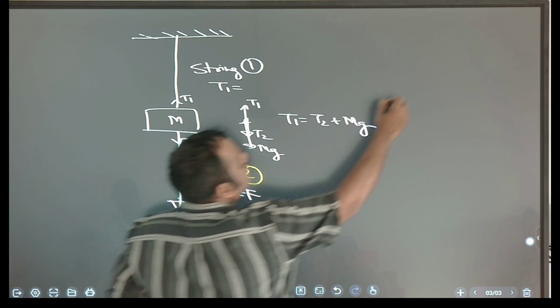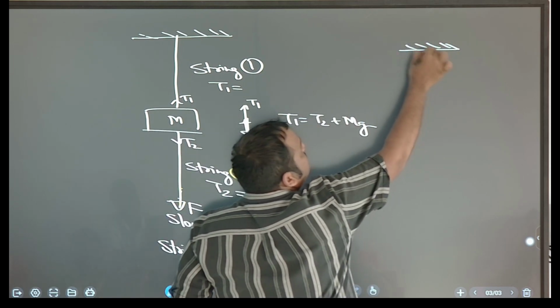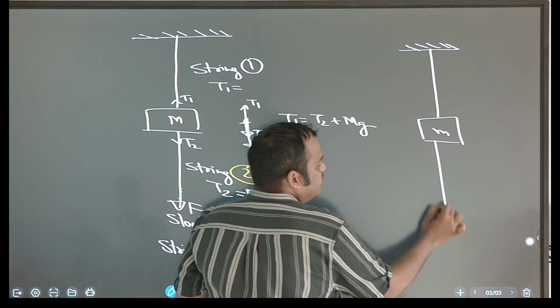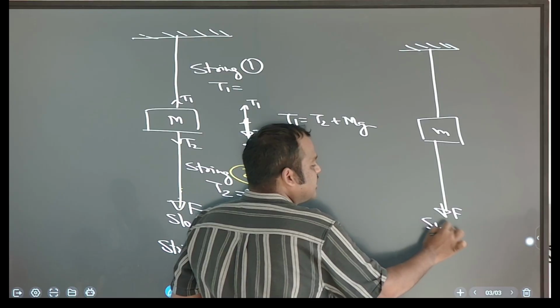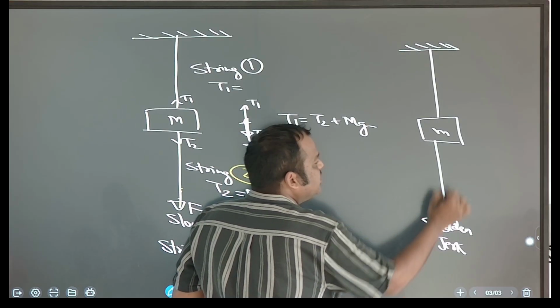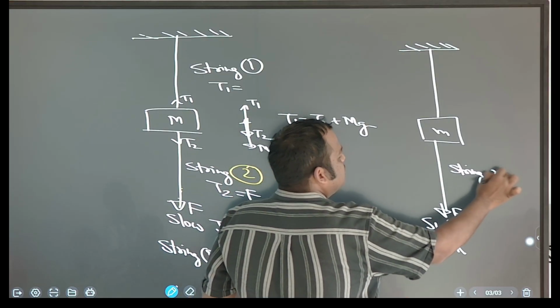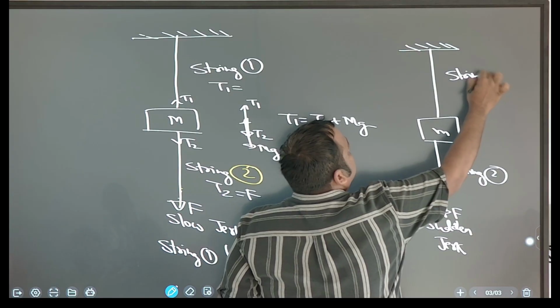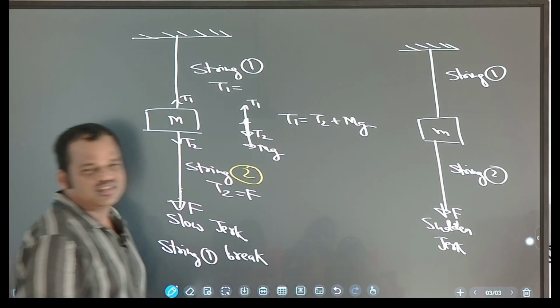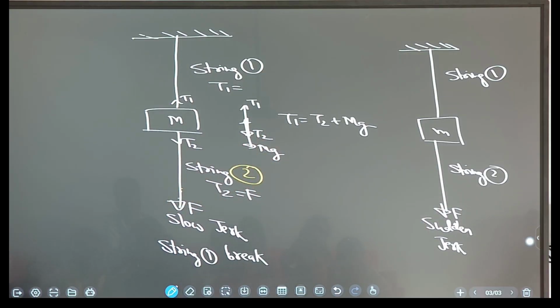Now if you exert a sudden jerk, which string will break? String 2 will break.